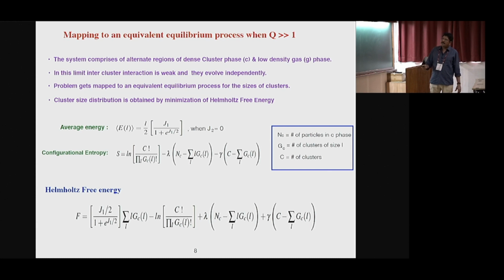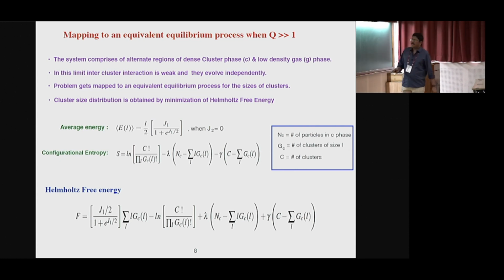In this limit, you can think of the evolution of these clusters as independent of each other. Then one can talk in terms of the configurational entropy associated with different cluster sizes, and of course there is an average energy associated with the cluster. You can get the cluster size distribution in this limit approximately by minimizing an effective Helmholtz free energy.